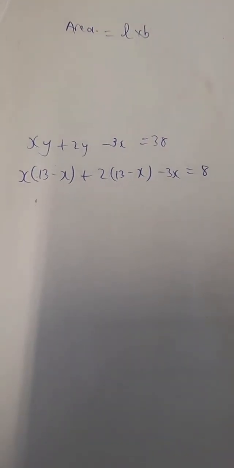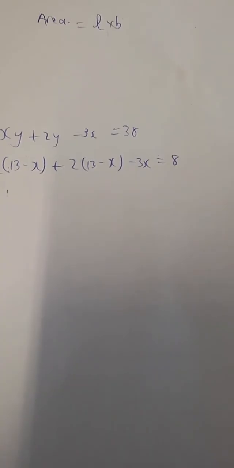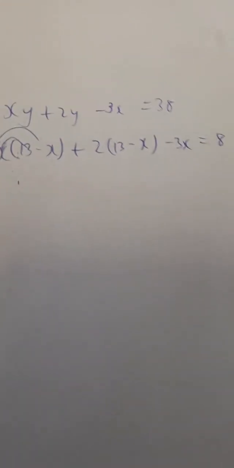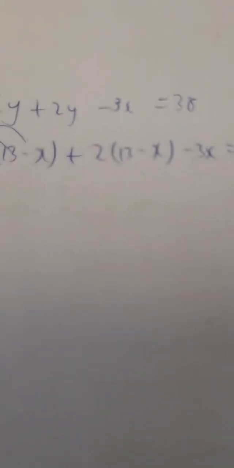Okay? Hopefully so far we are together. If anyone is lost, please let me know in the comment section. If there's something that you don't understand, let me know. Then I can distribute x times 13 minus x. Okay, let's distribute that.